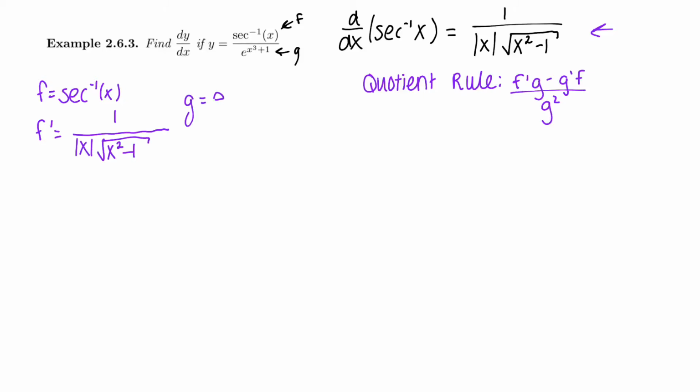G is e raised to the x cubed plus 1. His derivative will be the derivative of the exponent, so 3x squared, e to the x cubed plus 1.